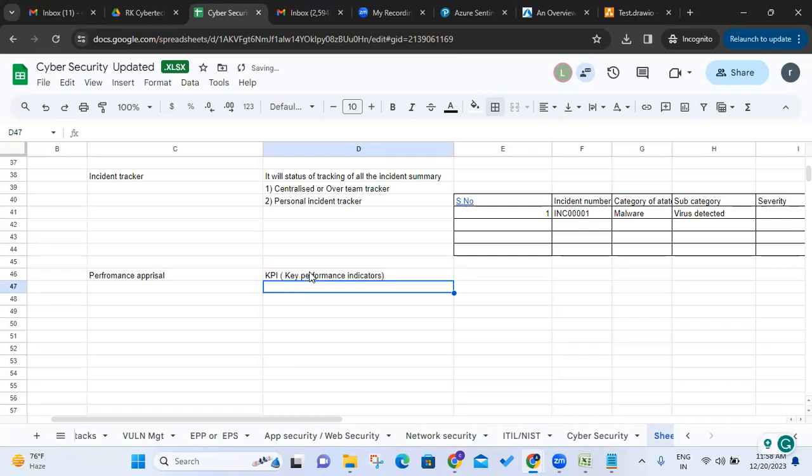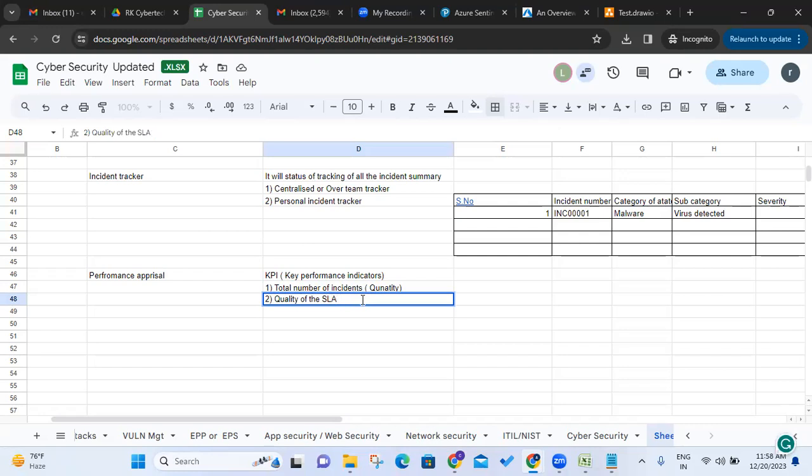So most of the organizations, what key performance indicators will they follow? One is, in our scenario, total number of instances in a 1 year time period. Second one is total quantity. This one is called quantity. Next one is quality of the SLA, whether it is breached or not.